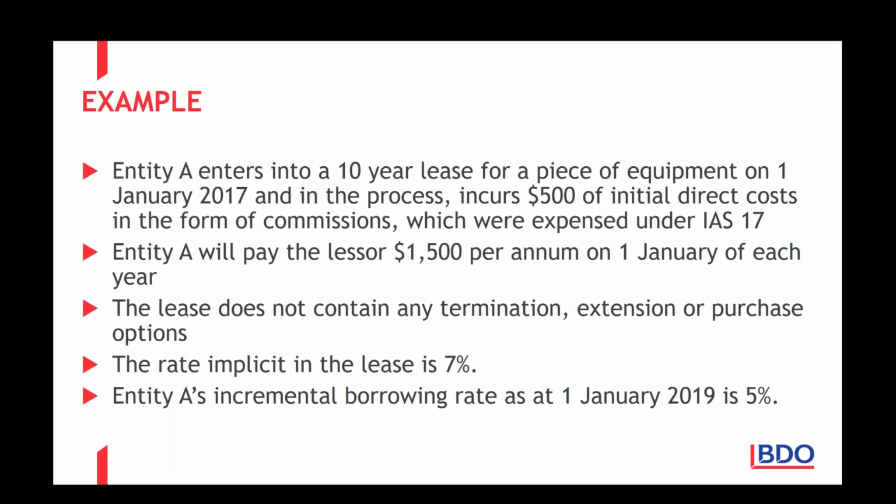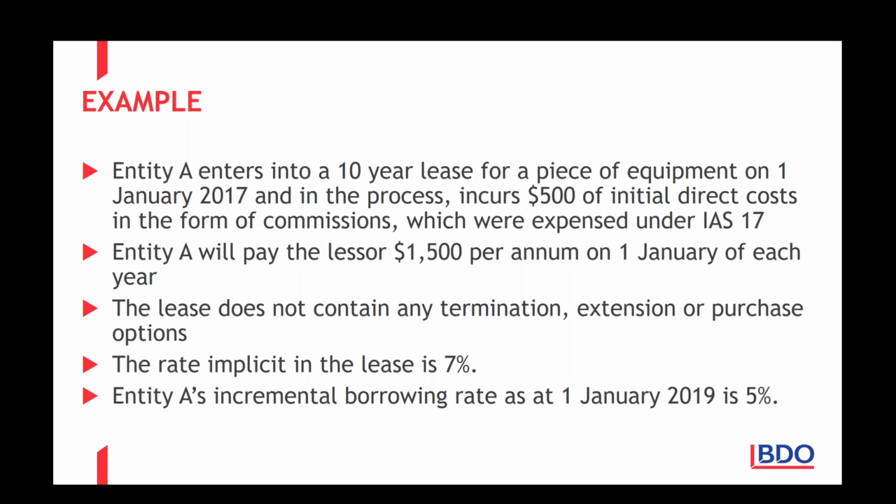Now, entity A will pay the lessor $1,500 per annum on the 1st of January of each year. So that is the lease expense, the lease payment in advance. Now, the lease does not contain any termination, extension, or purchase options, luckily, because that's where it gets really complicated and tracking these are out of control. And then the rate implicit in the lease is 7%. So we know the rate implicit in the lease.